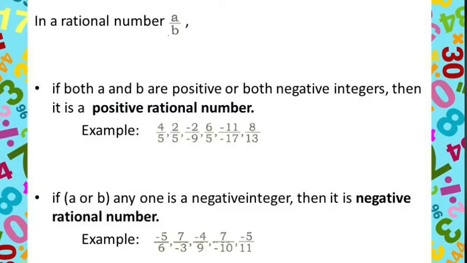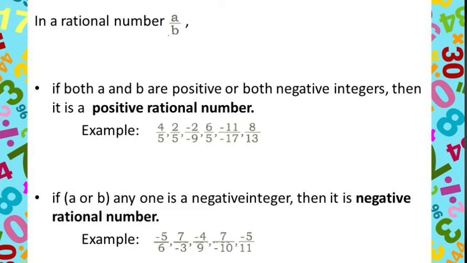Next is positive rational number and negative rational number. If both a and b, meaning both numerator and denominator, are positive or both are negative integers, then it is a positive rational number. Examples of positive rational numbers are 4 upon 5, 2 upon 5, minus 2 upon minus 9, 6 upon 5 and so on.